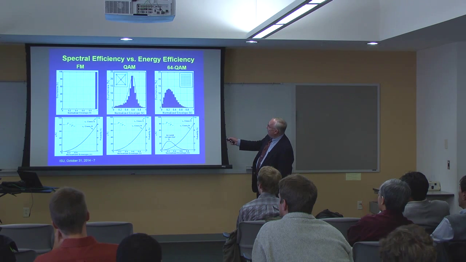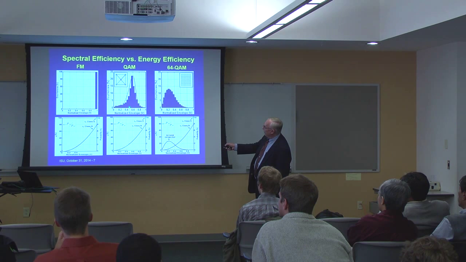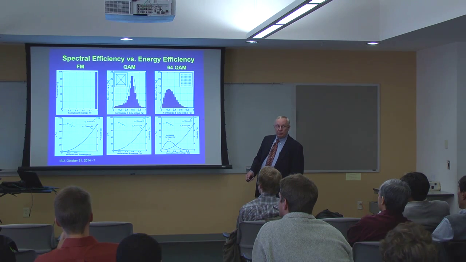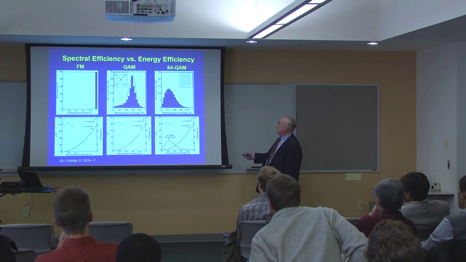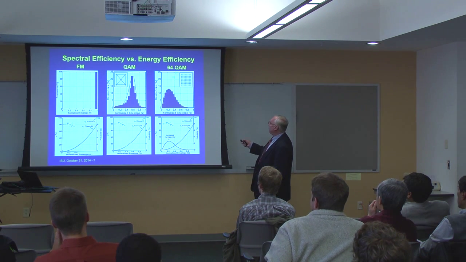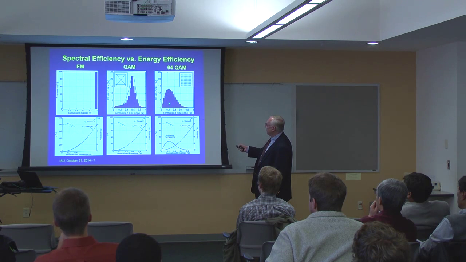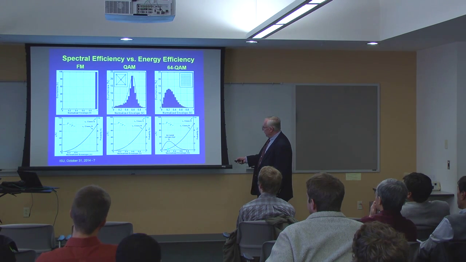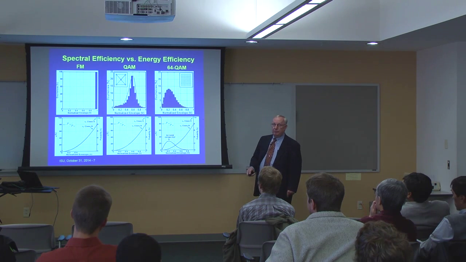But if we look at where most of the signals are, you see most of the signals are around 50% peak amplitude, which corresponds to an efficiency of about 18% or so. Not very good. An even worse case is if you go to 64 QAM, you see most of the signals are down here around 20% full scale, and the corresponding efficiency is a few percent.